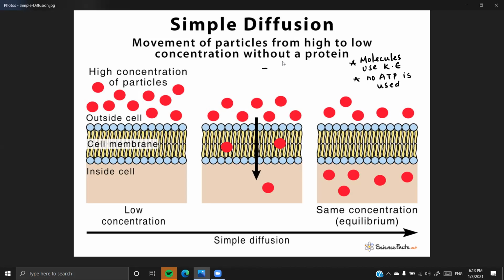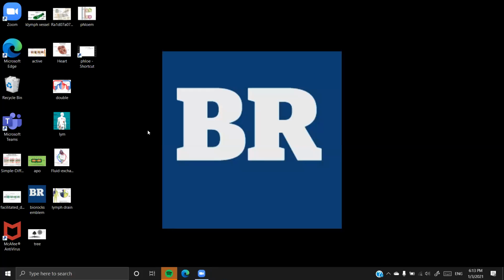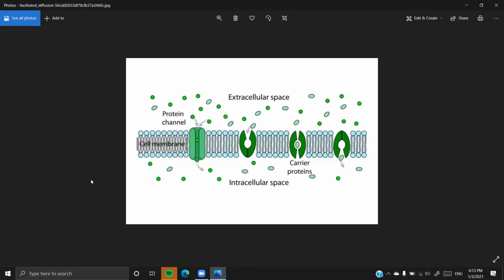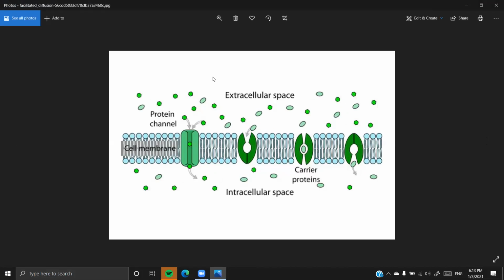This can be seen because molecules having kinetic energy, you can see only in the fluids and in your gases. So simple diffusion is a process that is going to happen in the fluids as well as gases, but not your solids, children. So this is one of the processes, that is simple diffusion, by which the molecules can move across the cell membrane. Another process that we are going to have is your facilitated diffusion.